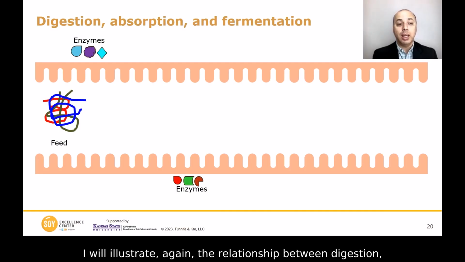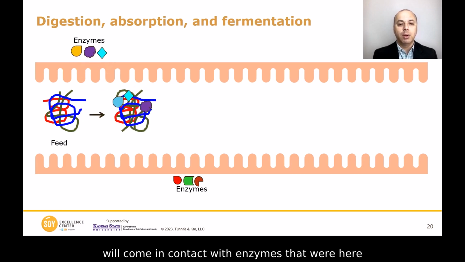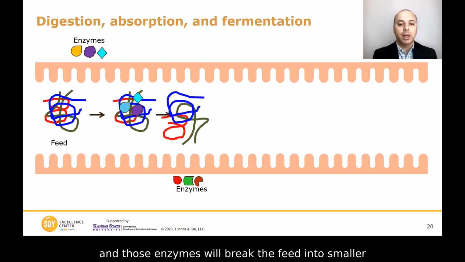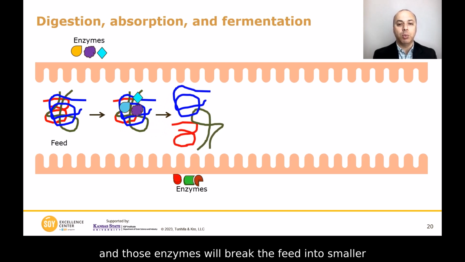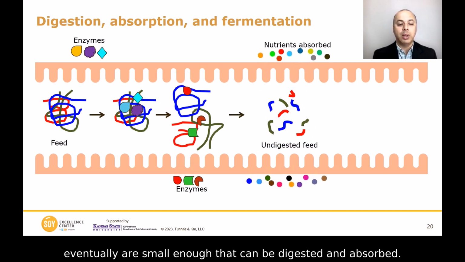I will illustrate again the relationship between digestion, absorption, and fermentation. So the feed that the pig is consuming will come in contact with enzymes that we've seen here in this talk in a little bit more detail. And those enzymes will break the feed into smaller and smaller compounds until some of those compounds eventually are small enough that they can be digested and absorbed.